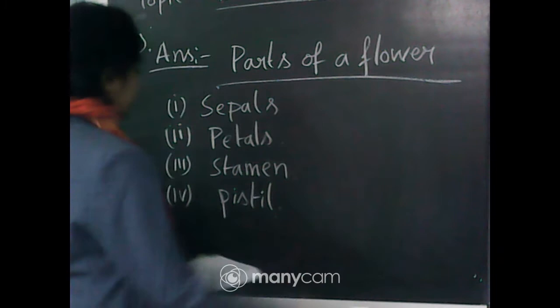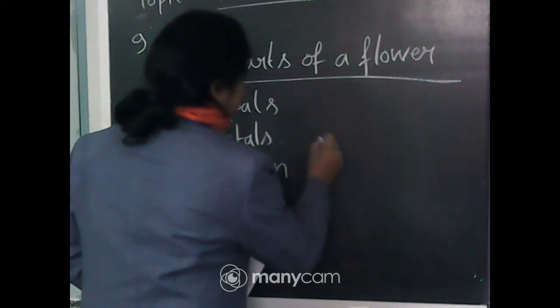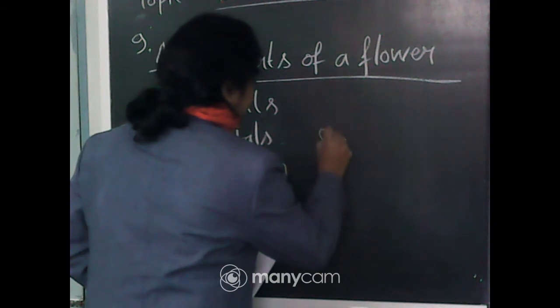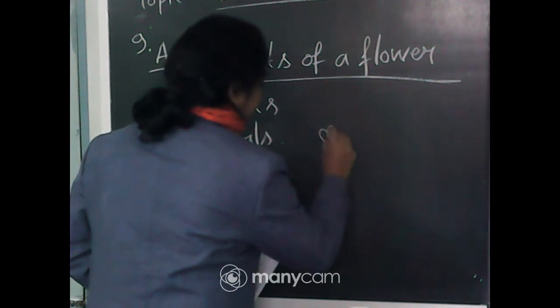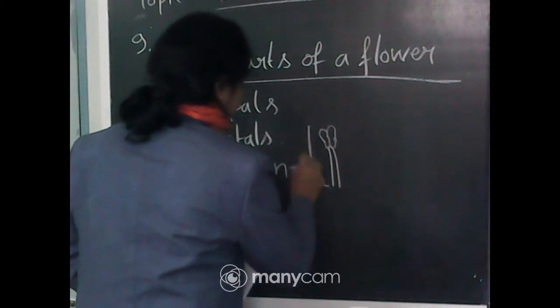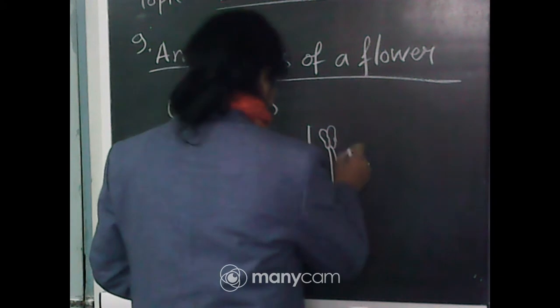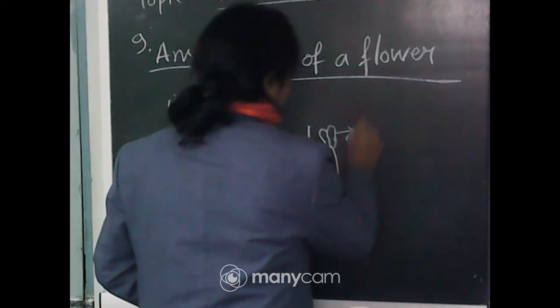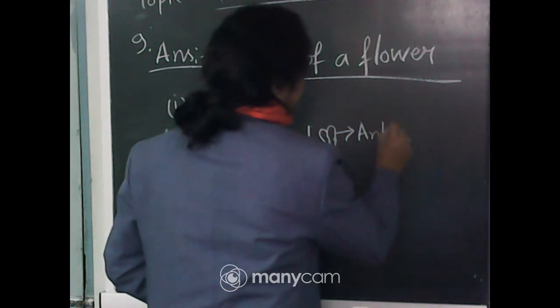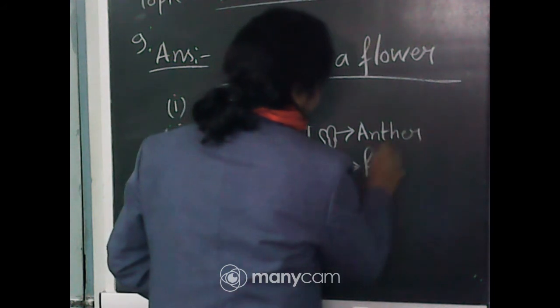Now, the stamen structure. I am drawing it. It is the total stamen structure. The stamen has two parts. One is the anther, from which pollen grain is released, and this is the filament.